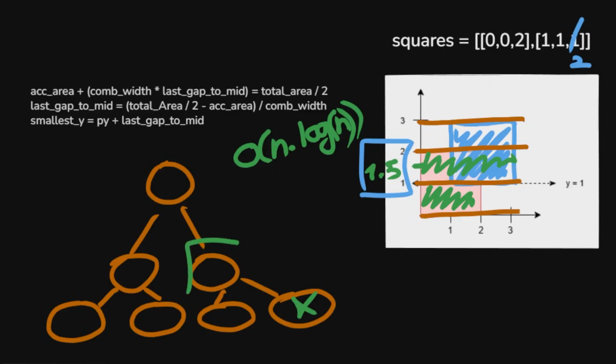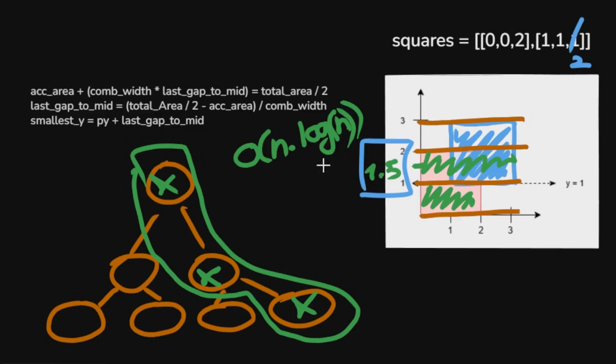Now potentially we need to update the parent, and potentially we need to update this parent also. And given that this is just a binary tree and we have one parent per node, well, here this will run in at most log n time complexity. The height of this tree is log n.